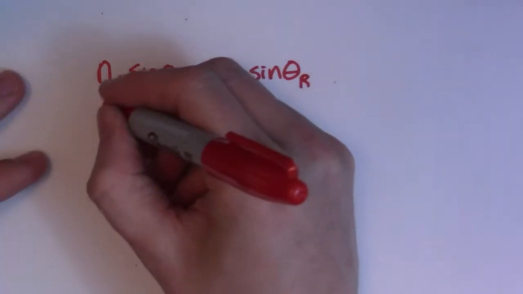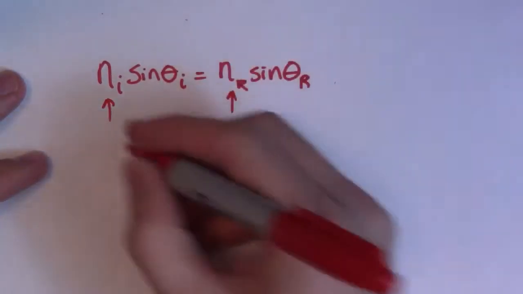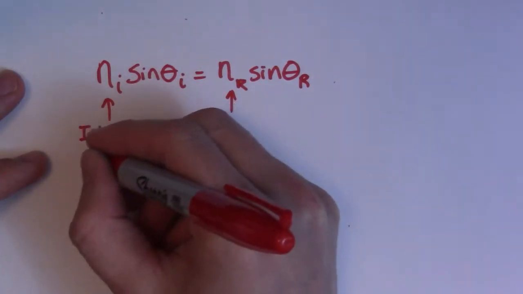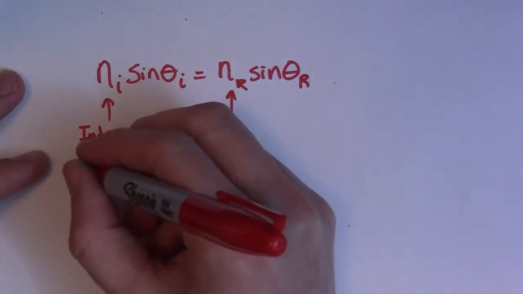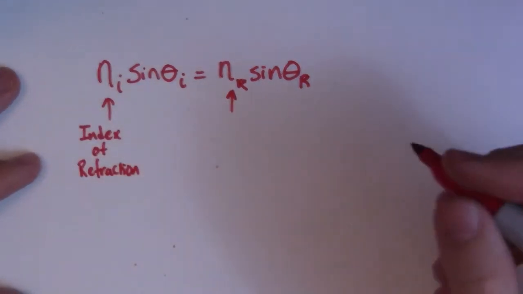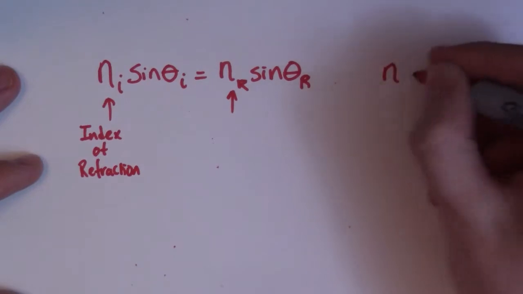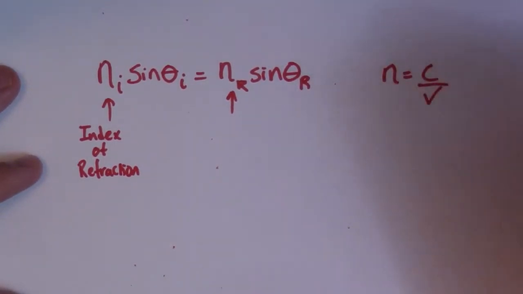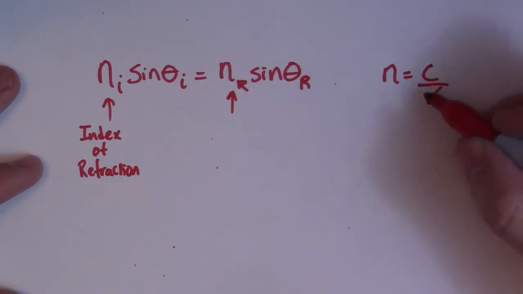So these things right here, the n's, are called indexes of refraction. They are basically a ratio, actually equal to a formula, of the speed of light to the speed of light in that medium.